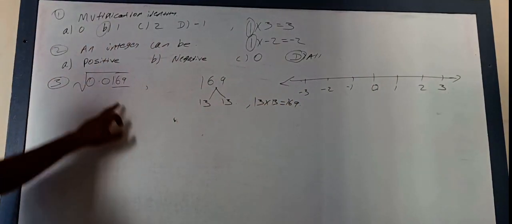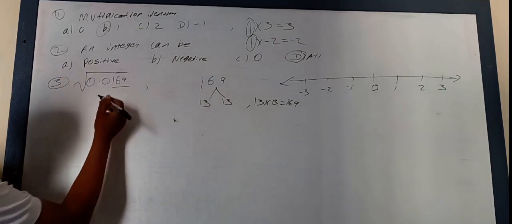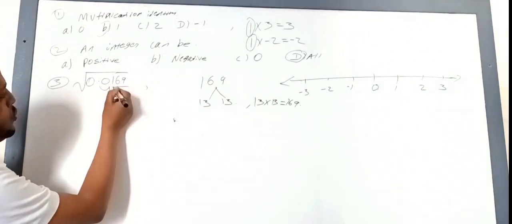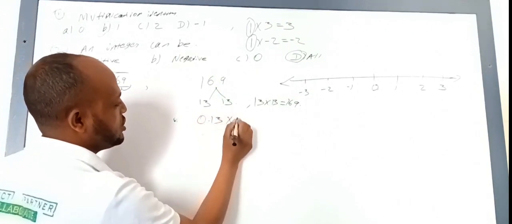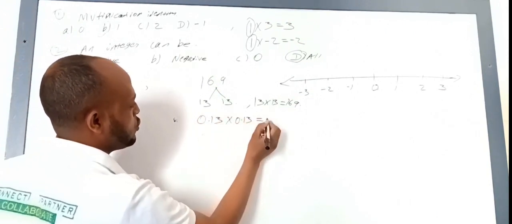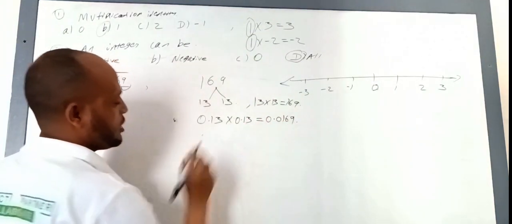This number has 4 decimal places: 1, 2, 3, 4, right? So when we multiply 0.13 times 0.13, it is equal to 0.0169.